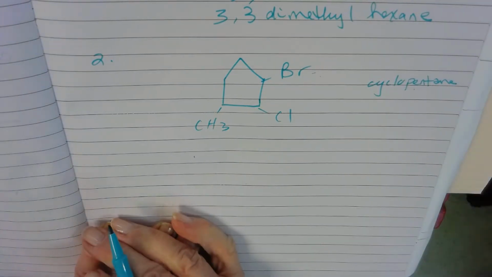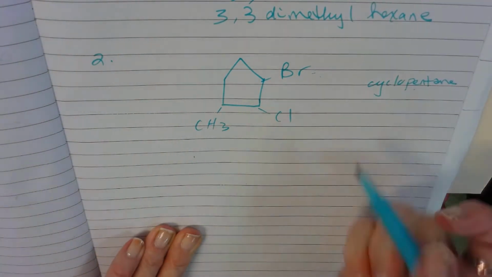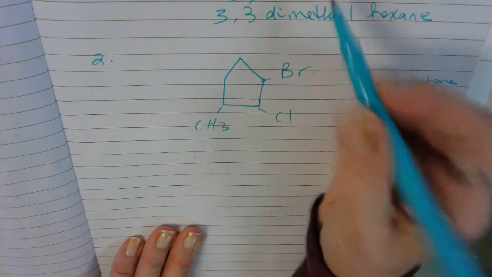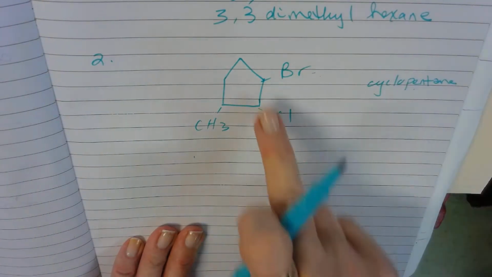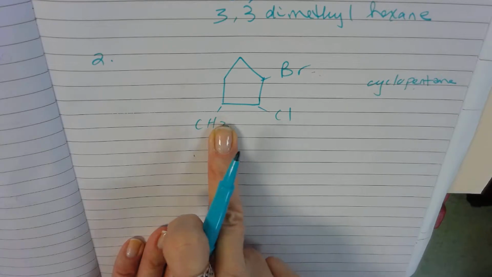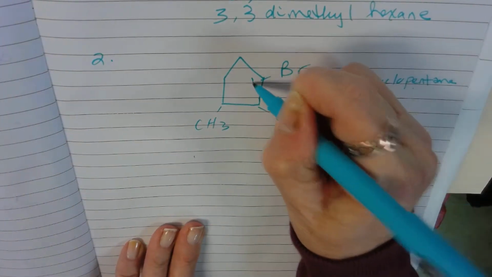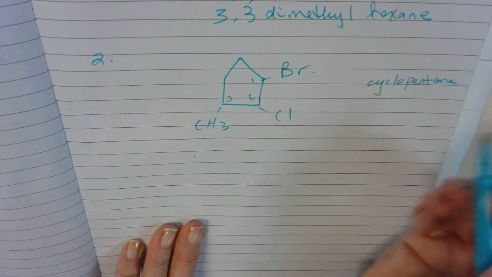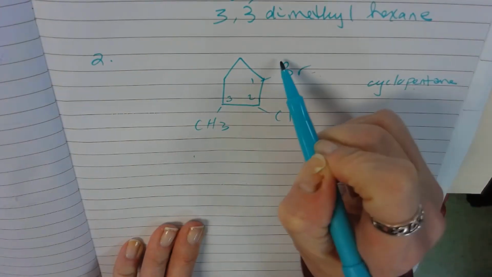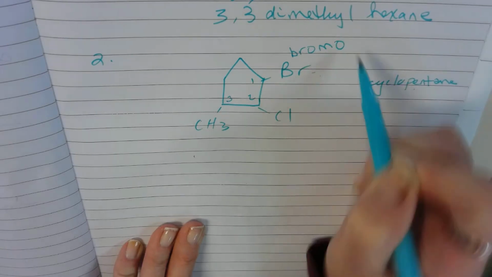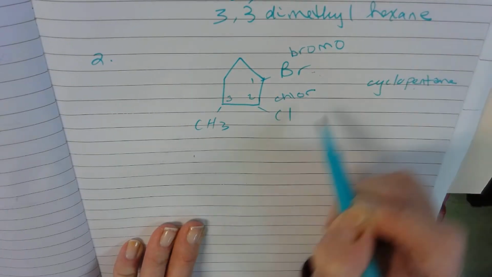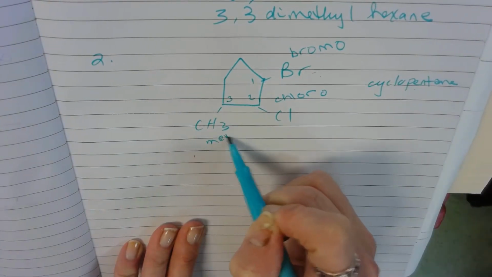A-N-E, all single bonds. Now when it comes to numbering, you remember you're going to number so that your substituents have the lowest numbers, and we're going to list them alphabetically. So if we number 1, 2, 3, this one is bromo, this one is chloro, and this one is methyl.